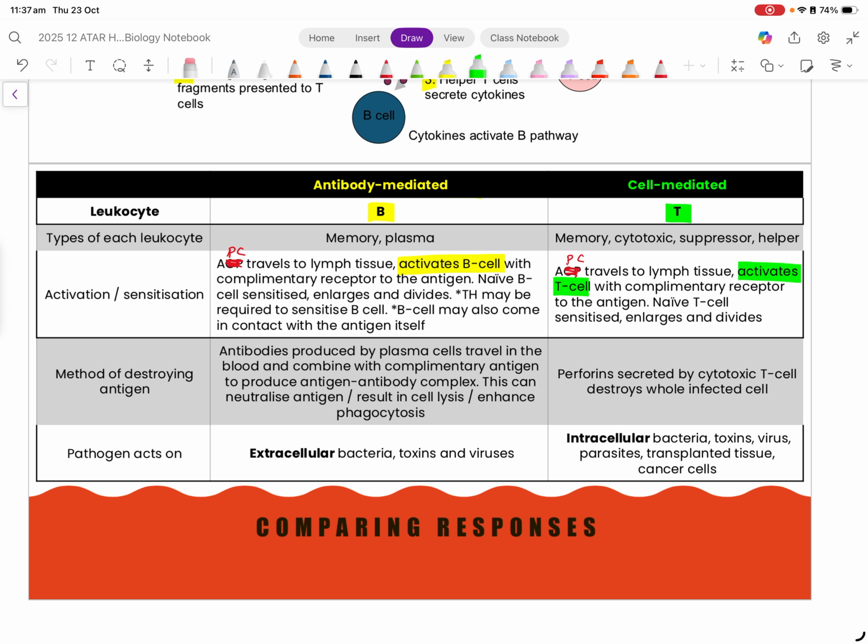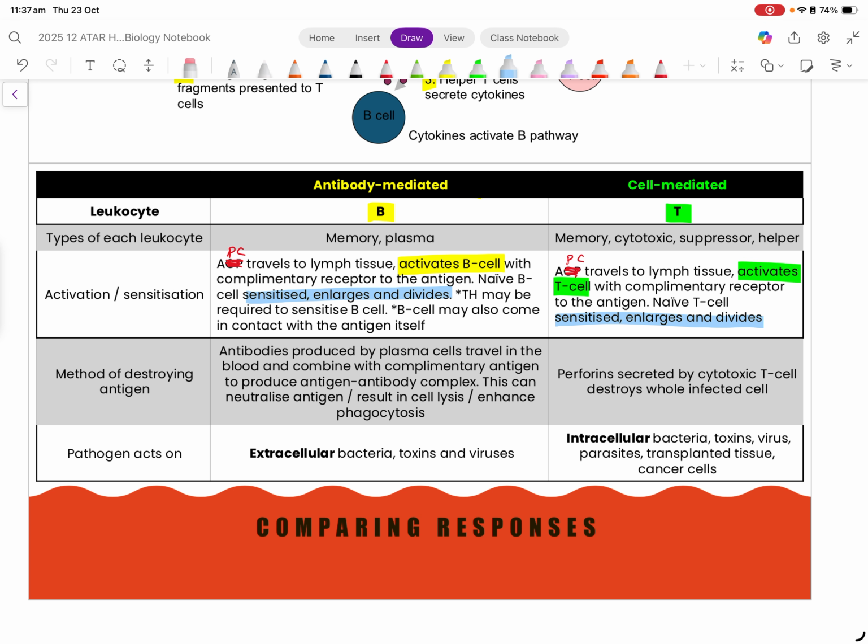Now, these B cells, in the case of antibody-mediated immunity, become sensitized, enlarged, and divide. So maybe I'll highlight some of the similarities here in blue, so they're both doing the same thing. And in the case of B cells, they might also come directly into contact with the antigen itself as part of this process.